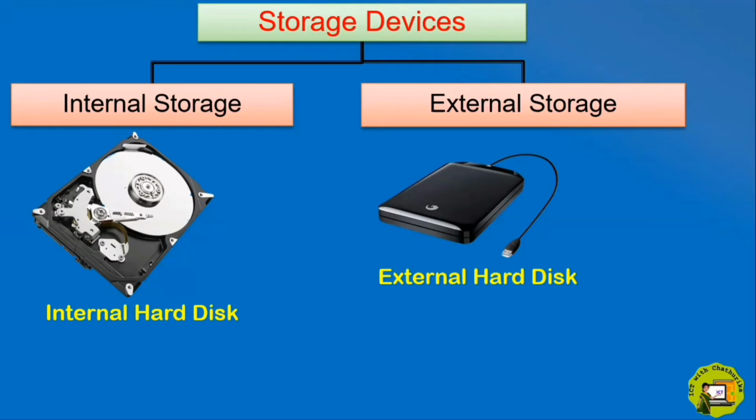We can connect this external hard disk to the computer. So this hard disk stores a large amount of information. CD. The CD stands for compact disc. It works when it is inserted into the CD drive.